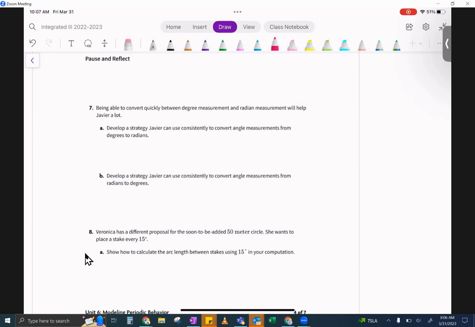So one of the things that you should have seen is that we keep bringing in this 2 pi business, and 2 pi helps us in comparison to 360 degrees. So if you want to convert from degrees to radians, we're going to multiply it by 2 pi over 360.